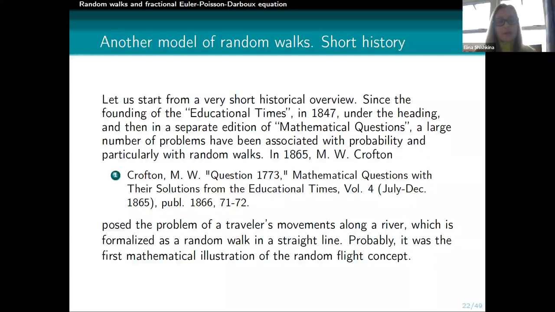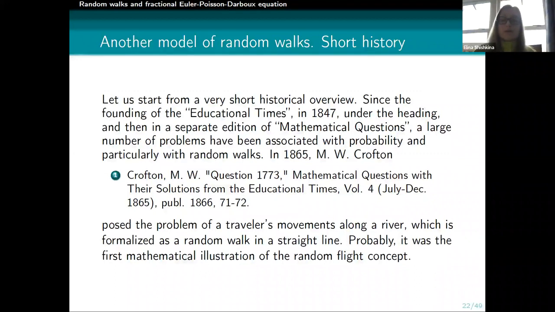And I started from the beginning, as I think. Probably the first, not even a paper, but the first question was presented by Crofton in Mathematical Questions with their Solutions from the Educational Times. It was a paper, not even a journal, and the question was about a traveler who was in the river and who could move forward and back randomly.